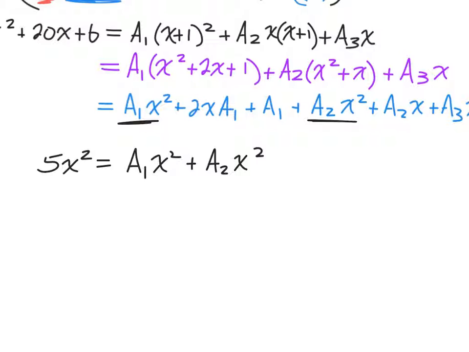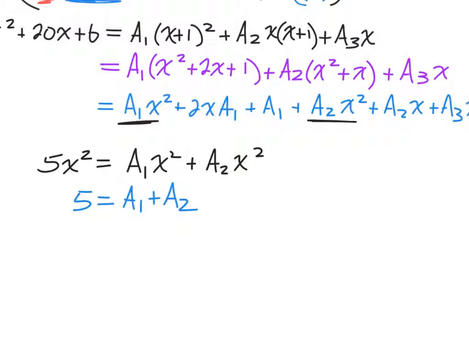This is a step that you can skip because in the next step, you're going to drop the x squares and be left with 5 equals a sub 1 plus a sub 2. If you wanted to jump right to that, there's nothing wrong with that.